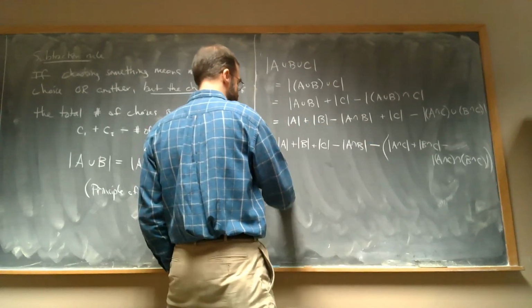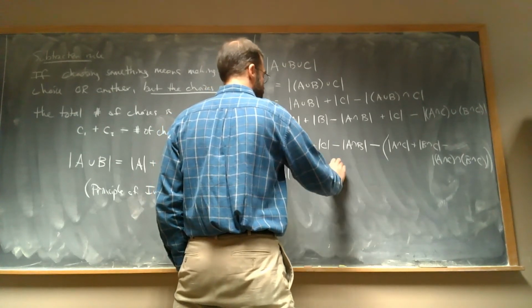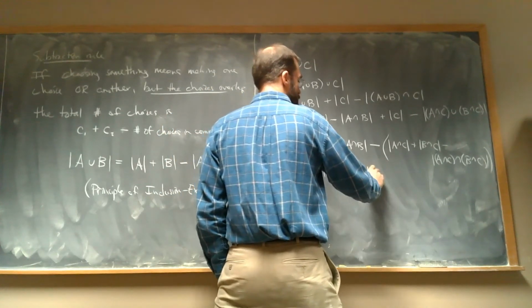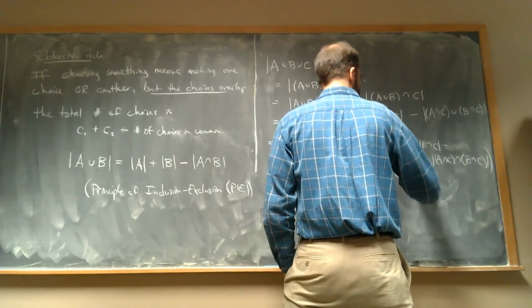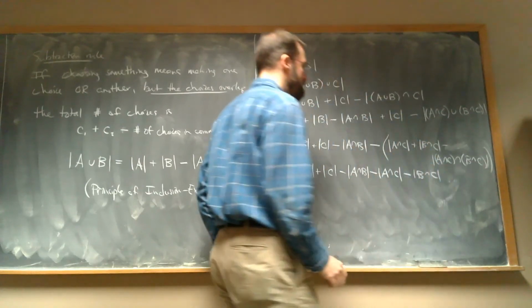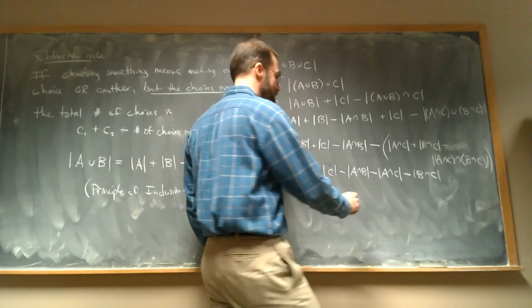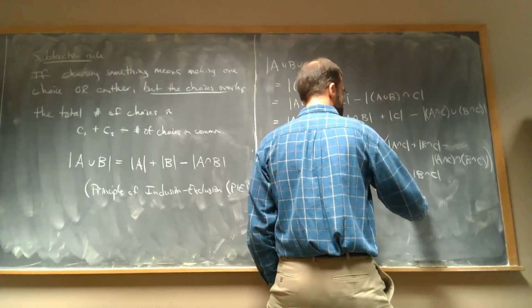So finally, what I get is A plus B plus C minus A intersect B minus A intersect C minus B intersect C. And then finally, I have a minus here, so minus a minus is plus. And I'll write it down here, plus the size of A intersect B intersect C.